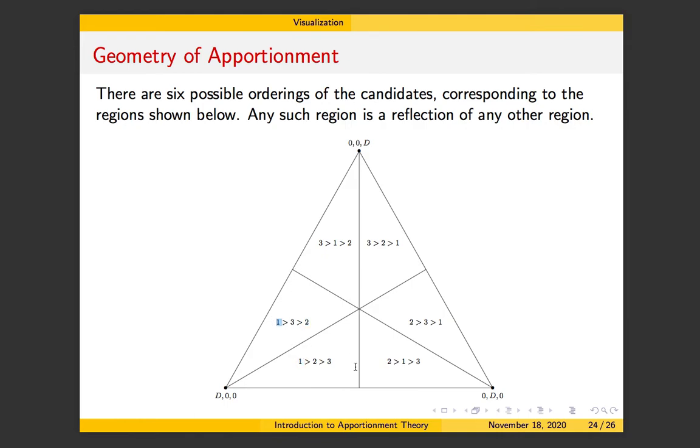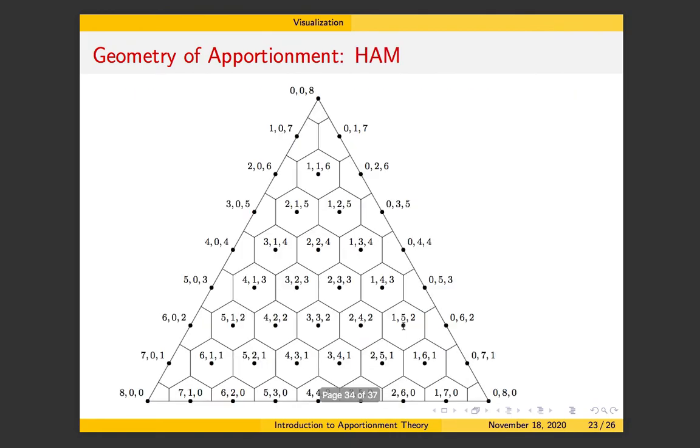This bottom third is where candidate 1 is in the lead. When you cross over this line, candidate 3 is now moved into second. And similarly for all the other ones. So in this region here, 2 is over 3 is over 1. Here 2 is over 1 over 3. These two regions are just reflections of each other. So you can see that in this picture.